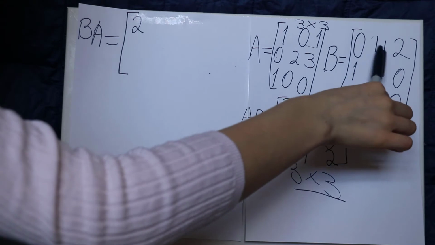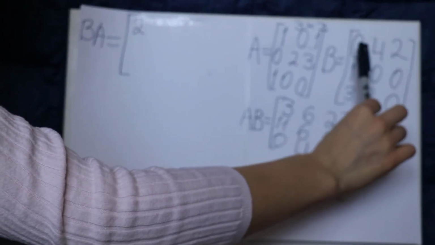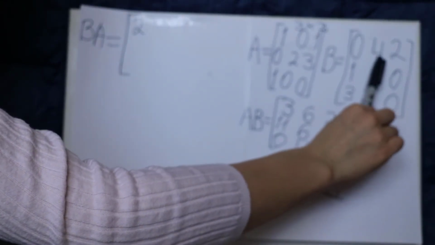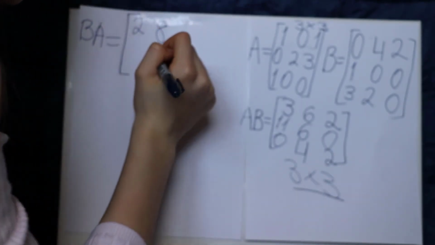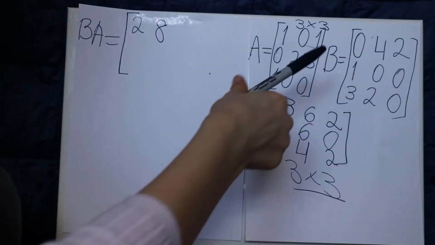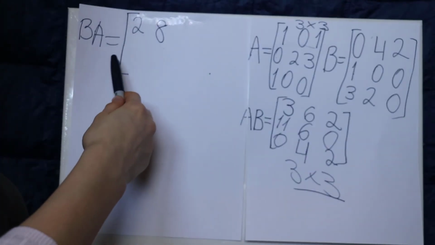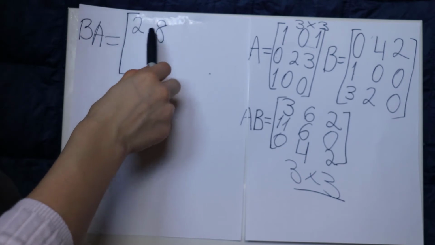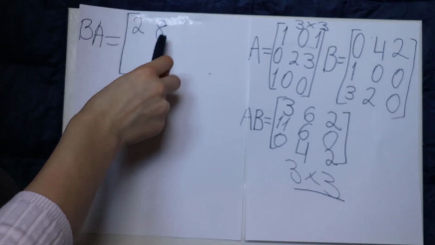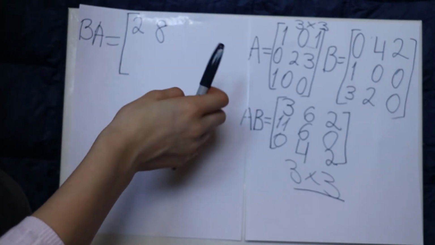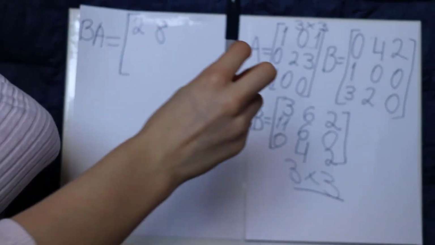Now, row 1, column 2, so 0, 8, 0. So that's 8. I have really easy numbers here because there's a lot of zeros, so I'm not writing it out. We're just adding them mentally.